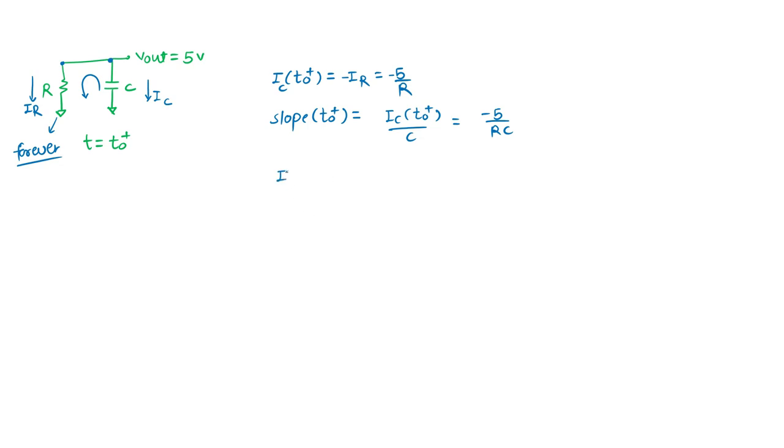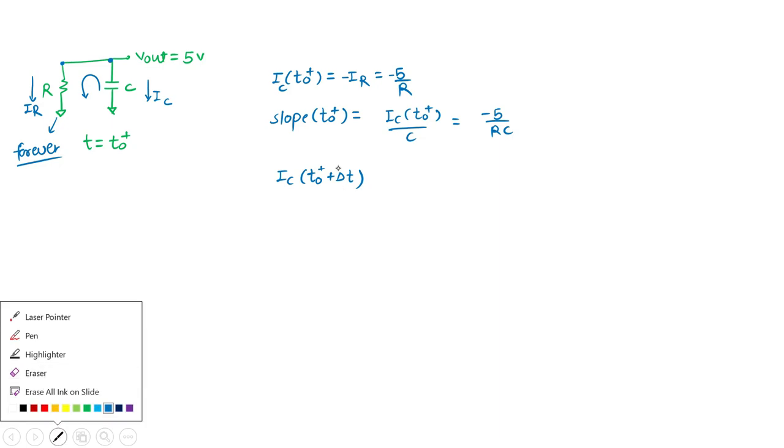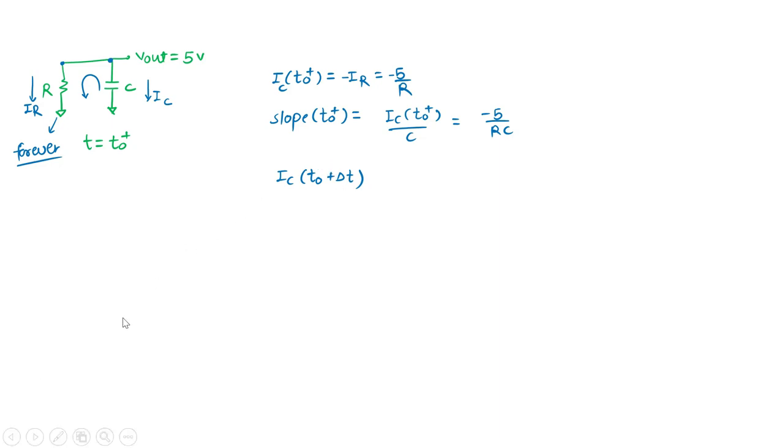After that, let us consider some time instant of t naught plus delta t. Now its voltage is reduced because the capacitor is discharging.